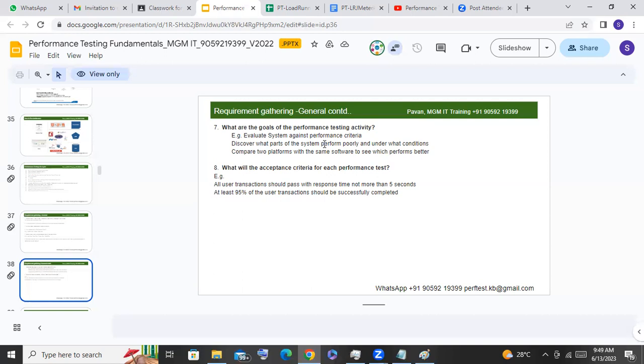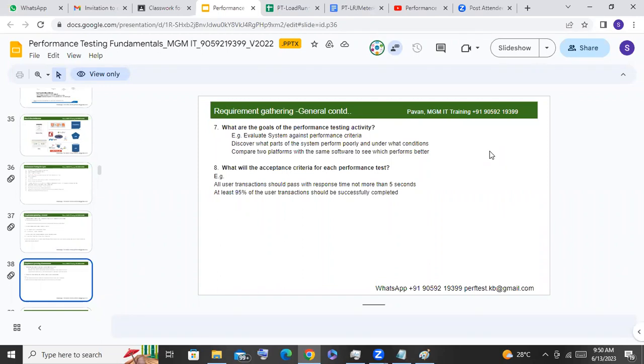If you don't understand that properly and did not do the proper performance testing on the legacy environment, then you don't have any metrics to compare to, isn't it? Yes, guys. So you have to understand properly what the goal of the performance testing activity is. Clear about it, guys?